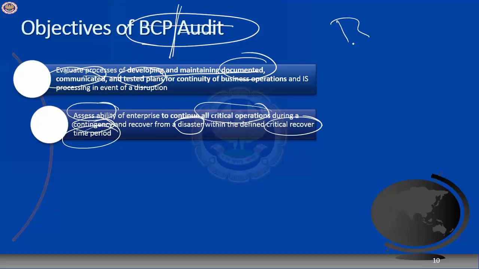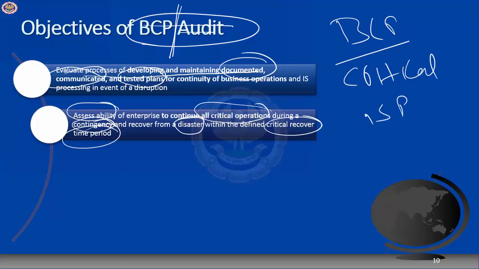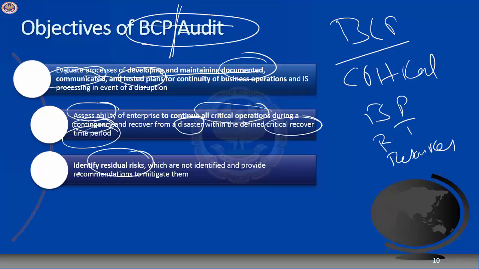When you look at BCP, these are the critical things. You have critical, critical, critical. What's critical? You identify the critical business process, you identify the critical recovery time, and you also define the critical resources which are required. And you also have the minimal downtime which you need to have. Based on this, you should be able to identify the residual risks, which means these are risks which are not mitigated, and these should be knowingly accepted.